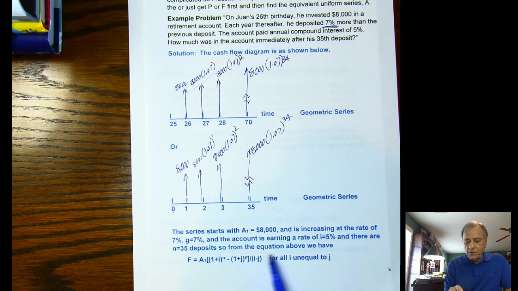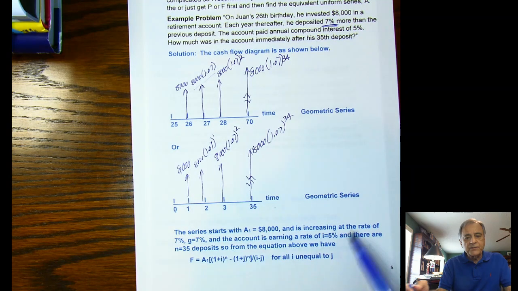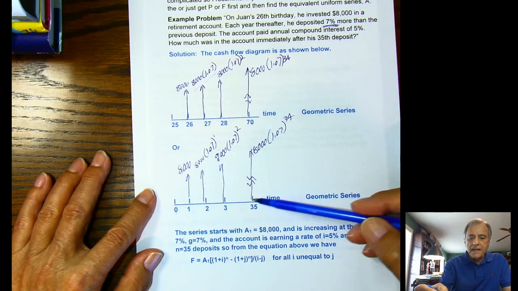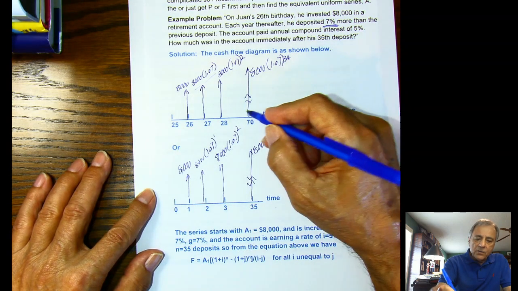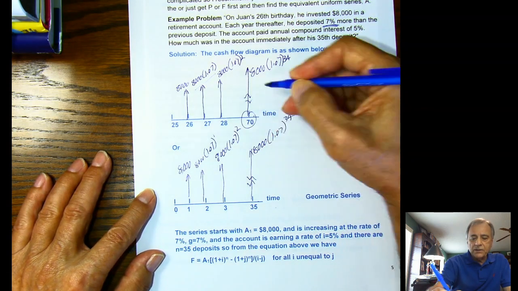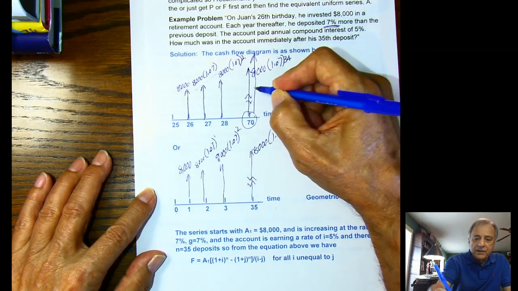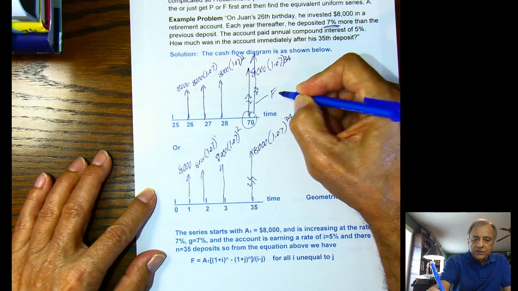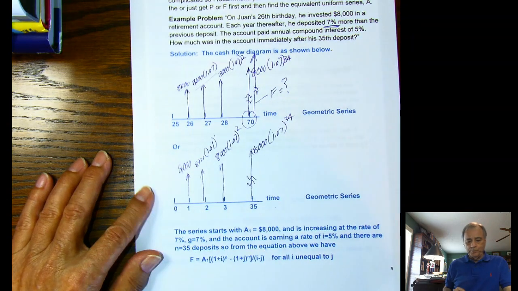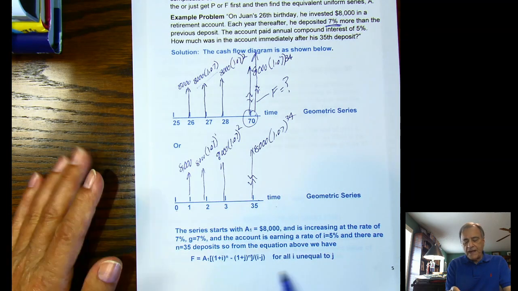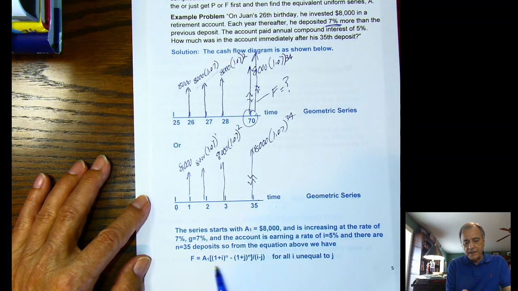So from the equation above, we have F equals, we're asked for, by the way, up here, what's the future value? How much does he have in the account right here when he's 70 years old? So it's asking what is F? And it's a big number. Well, this is the formula for the future value of a geometric gradient series.